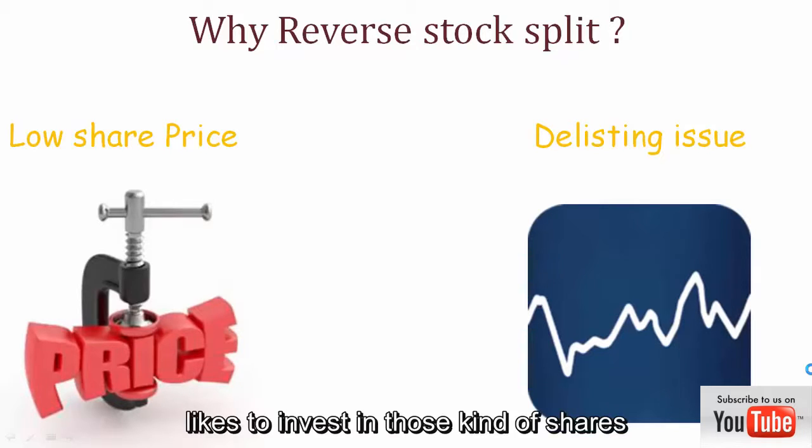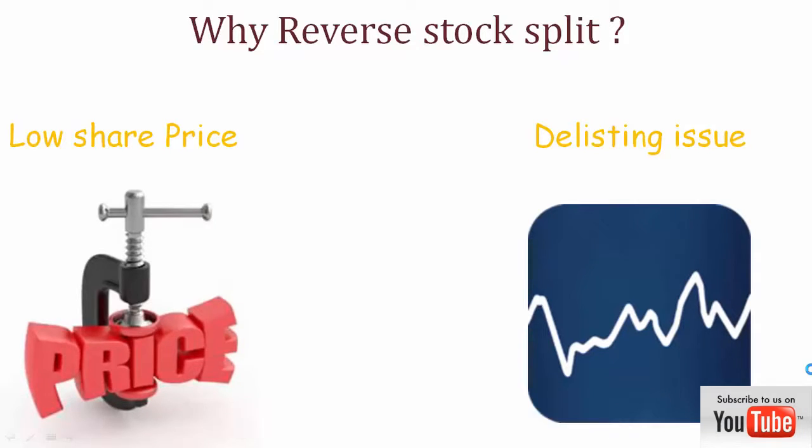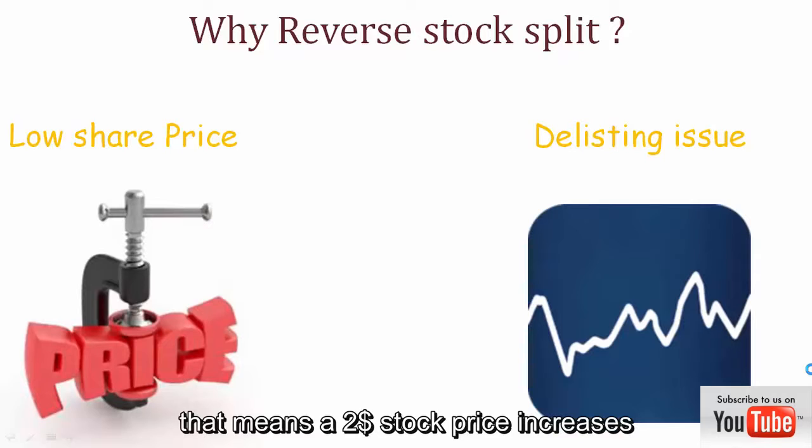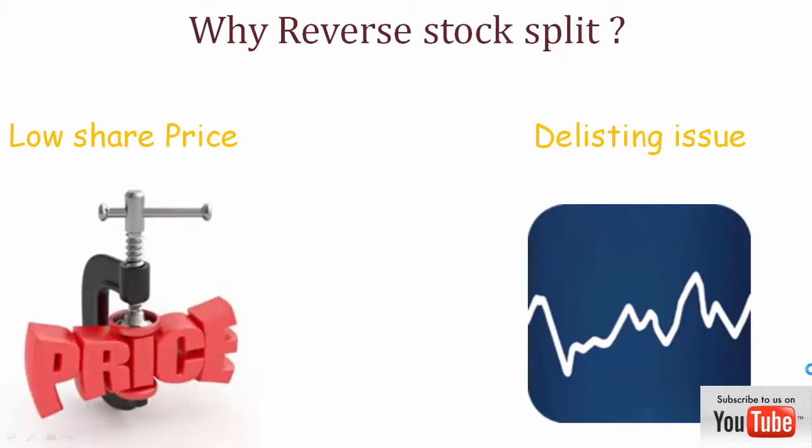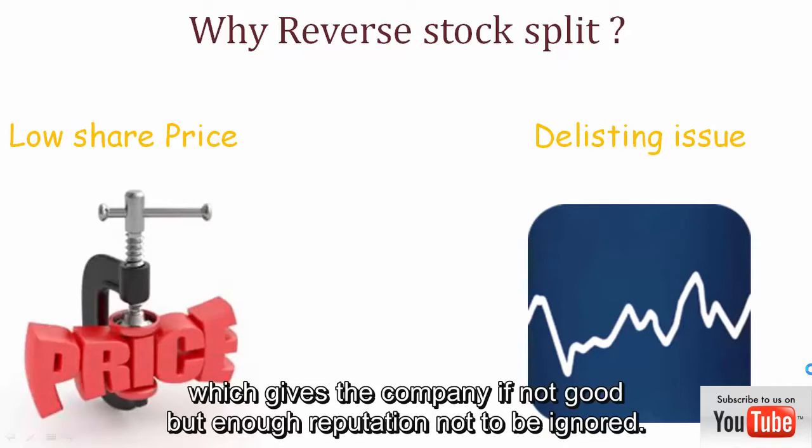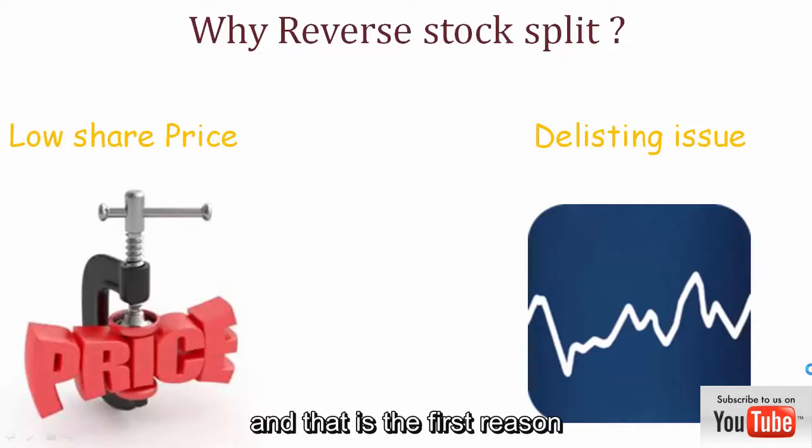Nobody likes to invest in those kinds of shares. So if a company goes for a 5-for-1 reverse stock split, that means a $2 stock price increases to $10, which gives the company, if not a good, then enough reputation to not be ignored. And that is the first reason.